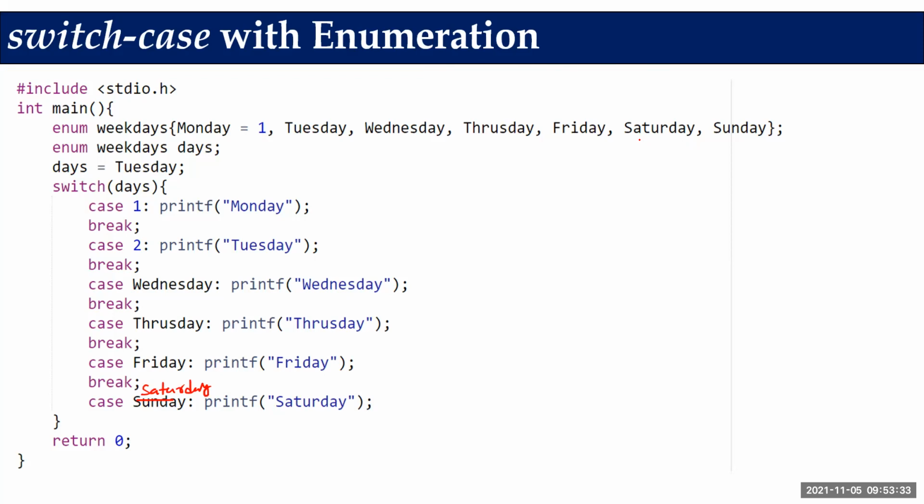If you misplace one character, wrongly typed, it is an error. And then use a break over here. And for the last one you can write case Sunday, with a printf statement that prints Sunday. Last case, break is not required. So see how beautifully we can mix enumeration with the switch case. You can try it with the month, the name of the month.